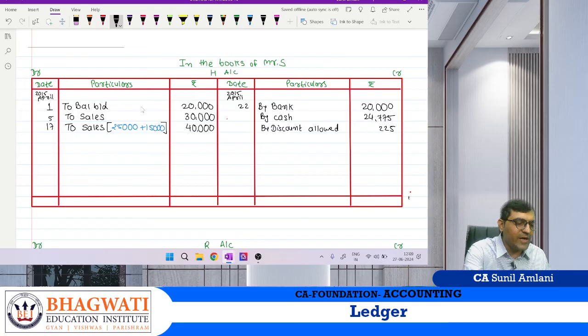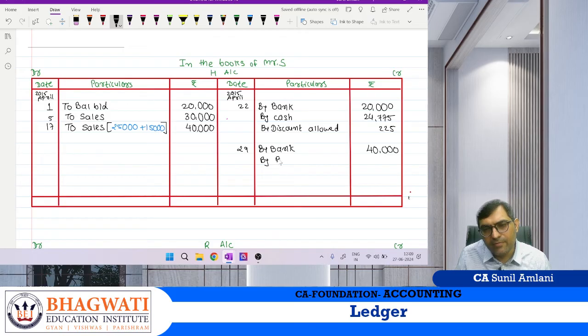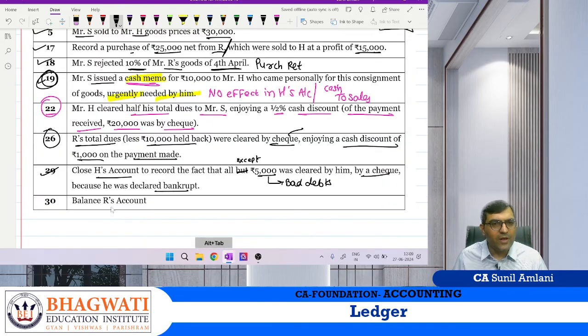If you just check here, 20, 30 plus 40 minus 20 minus 24,775 minus 225. So total amount owing to us is 45,000. He's not paying 5. So it means he's paying how much? 40 on 29th. So on 29th, by bank 40 and by bad debts 5,000. Okay.